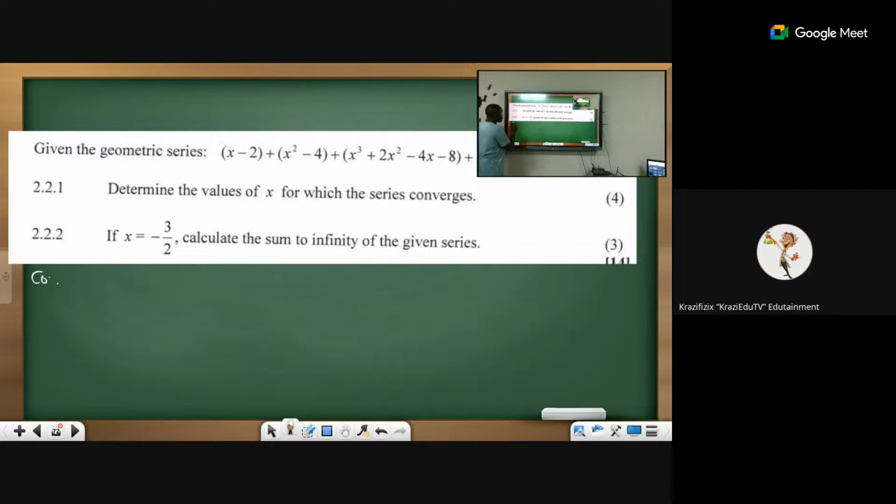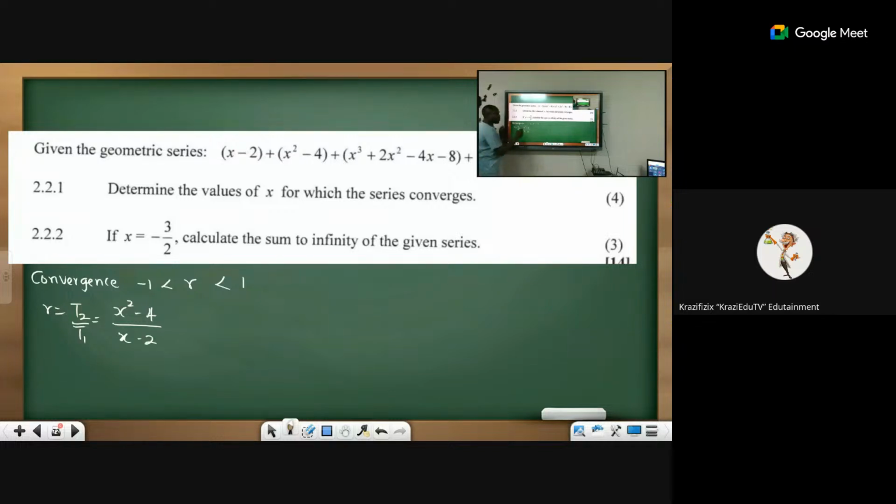Rule for convergence. I'll just do 2.2.1. R must be between what? -1 and 1. But what is your R? R is T2 over what? T1. What's your T2? x squared minus 4 over what? x minus 2.